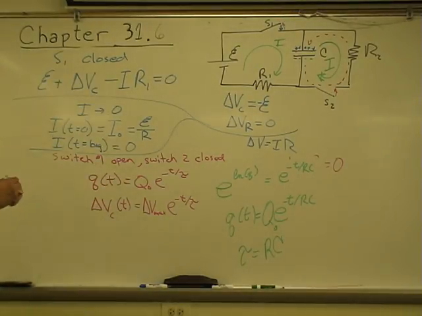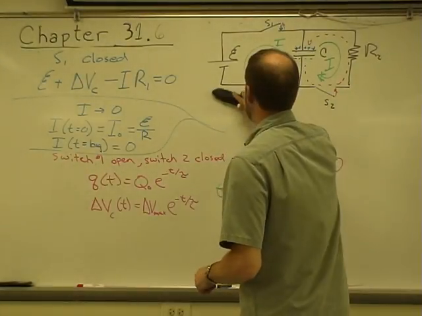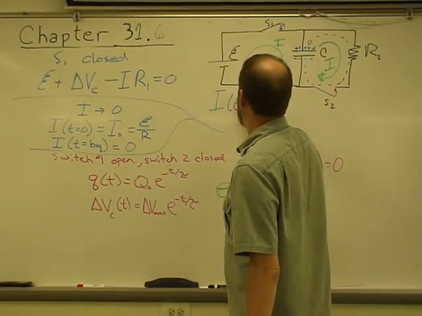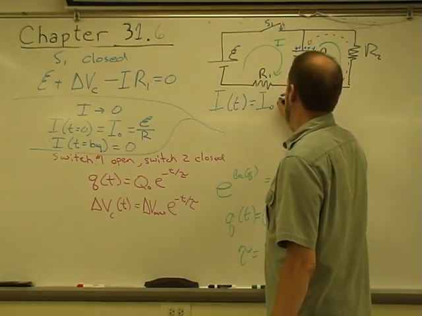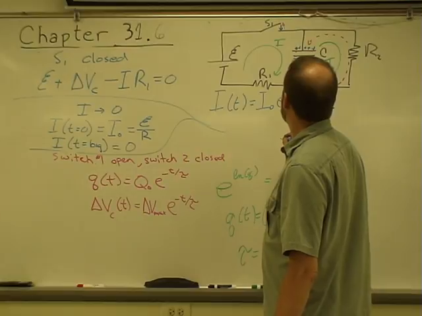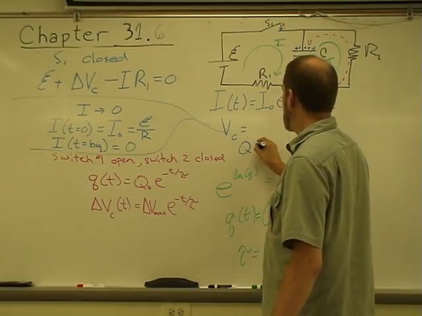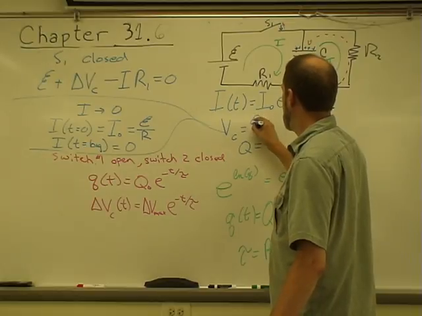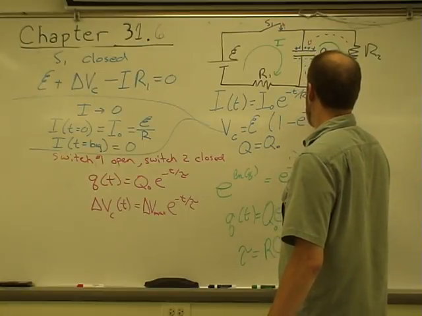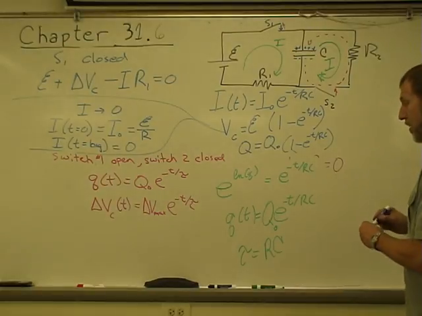If we were to go through the behavior when we're starting up, we would find in a similar fashion that when switch 1 is closed, the current will start at its maximum value and decrease with time, and the potential over the capacitor and the charge on the capacitor will start at 0 and increase to their maximum values as time goes on.